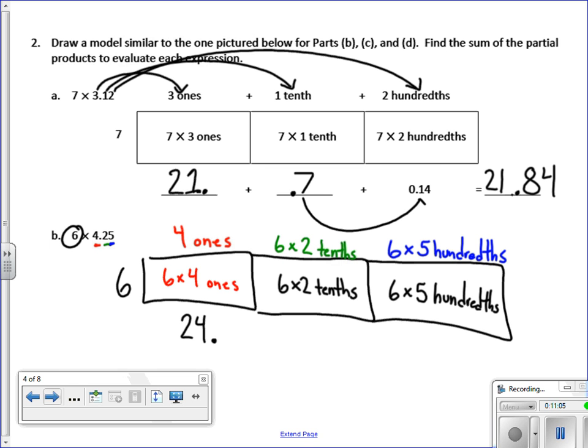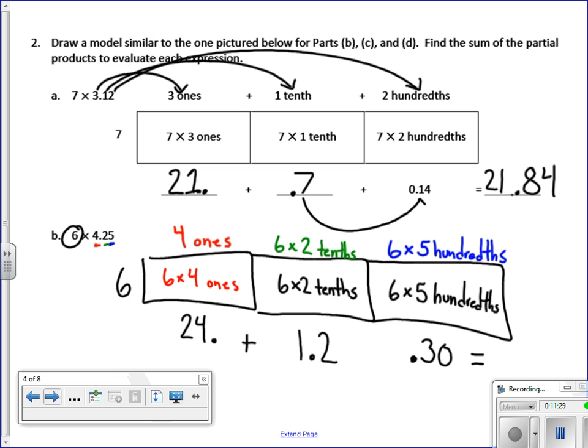Don't forget there's an imaginary decimal point there. 6 times 2 is 12 tenths. 12 tenths would be written as 1 decimal point 2. And 6 times 5 is 30 hundredths. 30 hundredths would be decimal point 30.